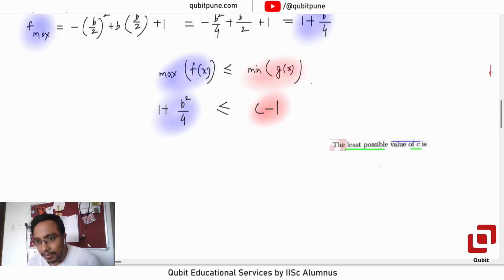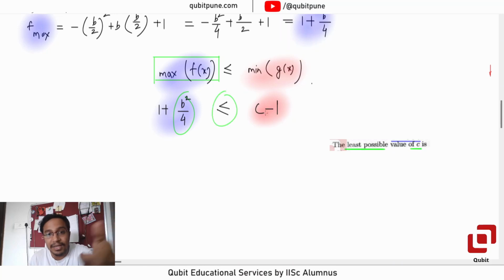If that is the case, for the maximum value of f of x, which we now know to be 1 plus b squared by 4, we should consider the least possible value of the max f of x, which means this should be made 0. That's its smallest possible, because we want it to be smaller than c minus 1, or in turn to be less than c. Is that clear or no? Clear. Others, did you understand that? Yes. Okay, fine.